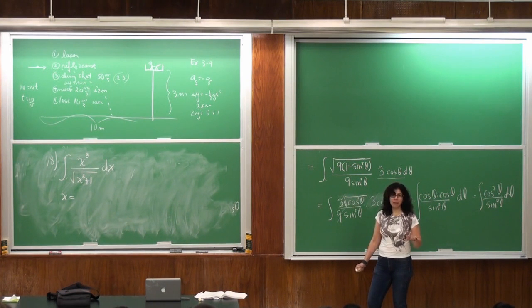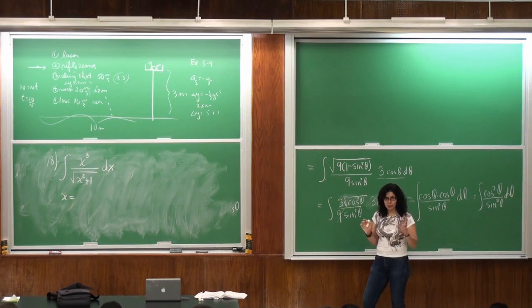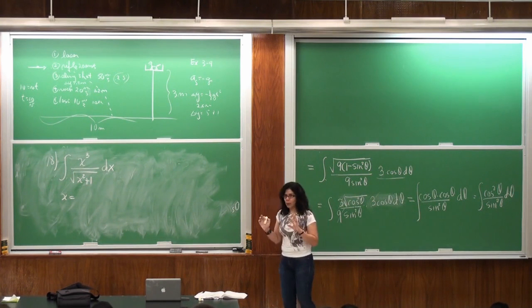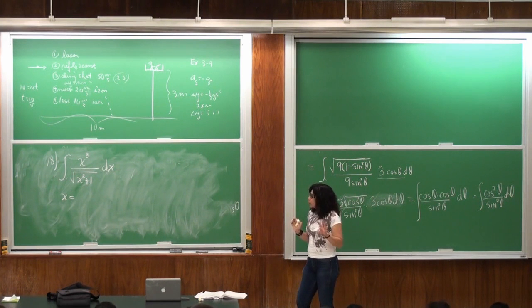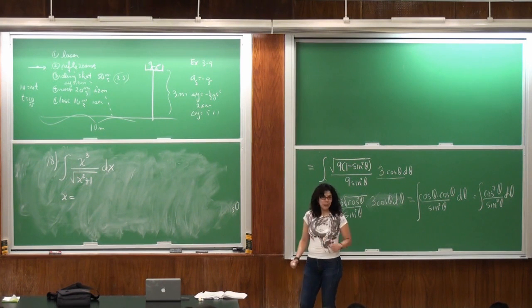I kind of want to do it by parts, and maybe I'm going to need a trigonometric substitution. But I don't know if I should just go straight to trigonometric. So I have these two problems in my head right now. I kind of want to do it by parts, but I also want to do it with trigonometric. I don't know. But let's try trigonometric.